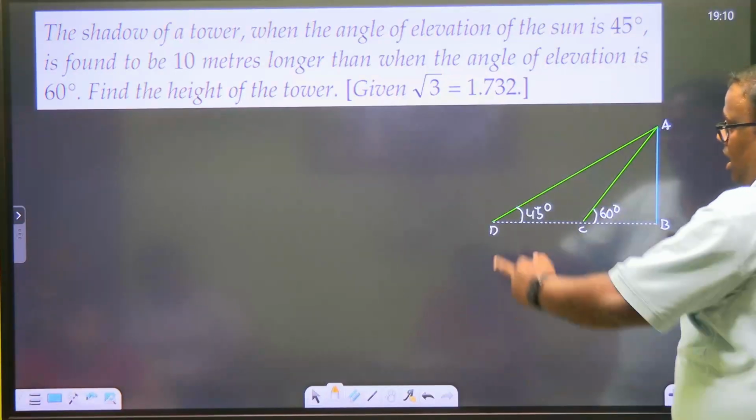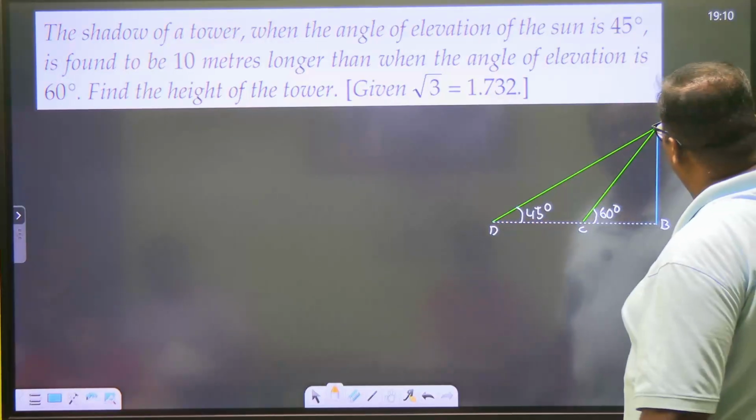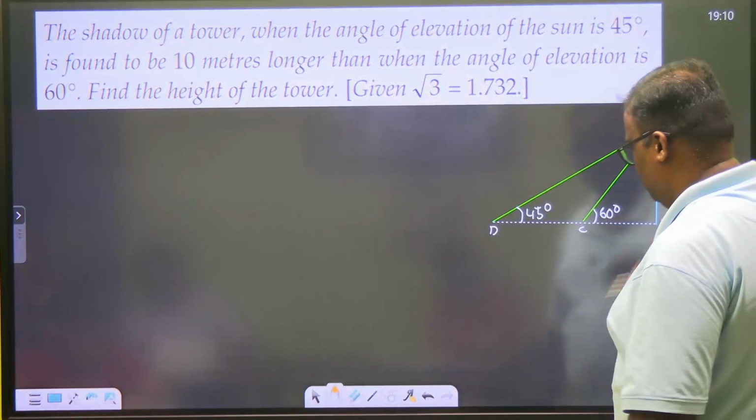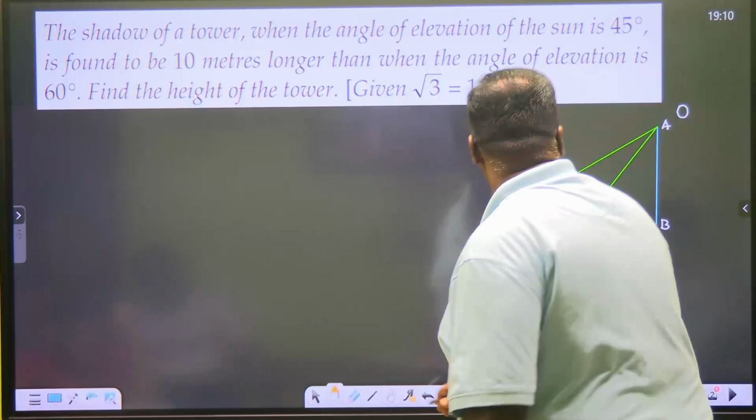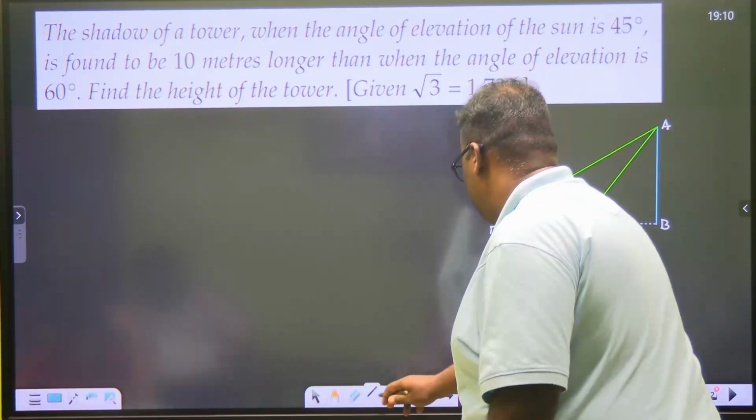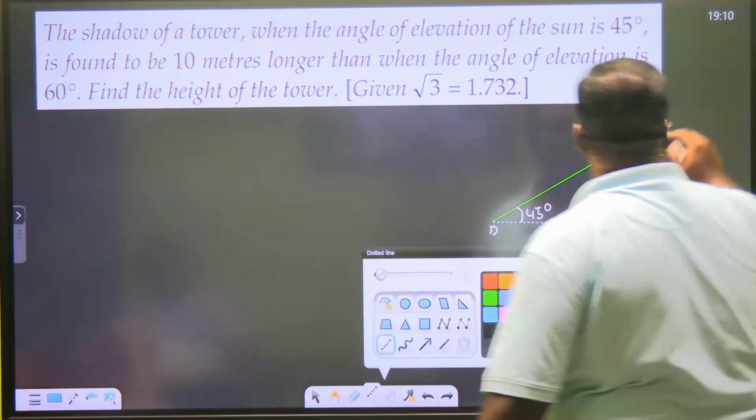That means at 45, when the sun is somewhere here, children, sun is somewhere here. So if you want to appreciate the sun, then let's appreciate the sun also.